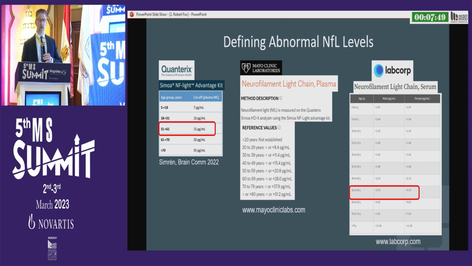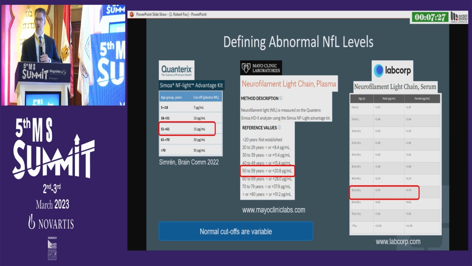But even when we look at Mayo Clinic, which, as you'll recall, uses the 𝐷 methodology, the Mayo Clinic, looking at that same age, 50 to 59, their normal is under 20.0. So it's either 15 or 20.0, even when you use the same tool. Well, that's a little complicated.